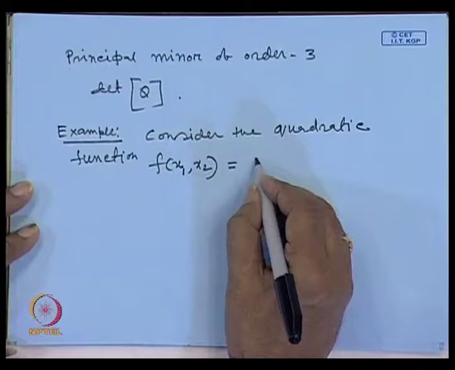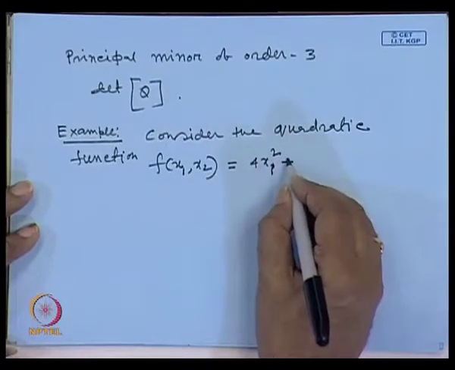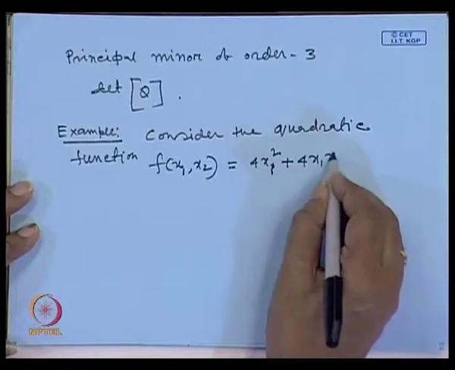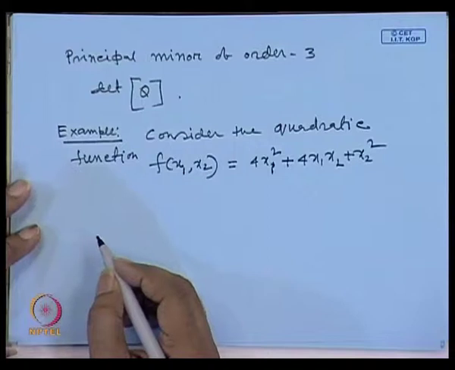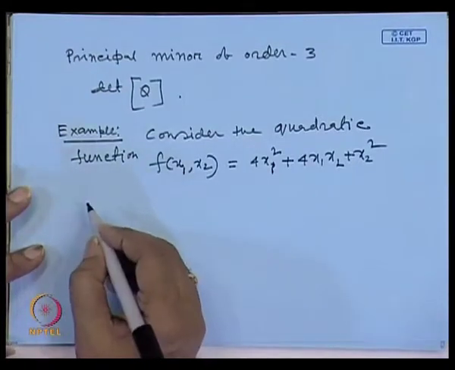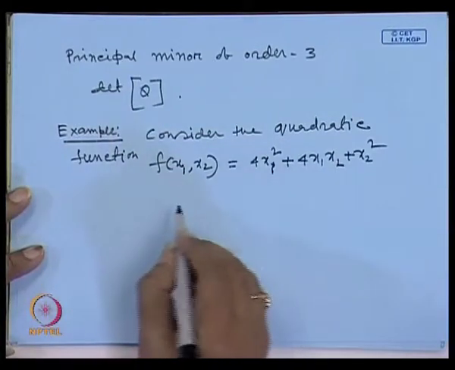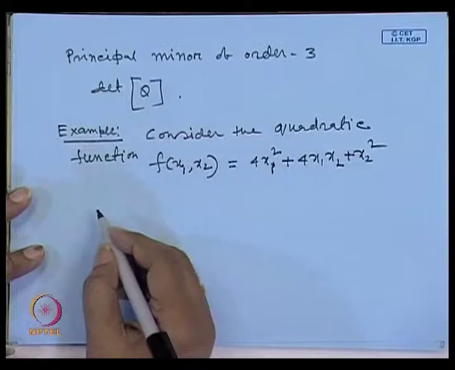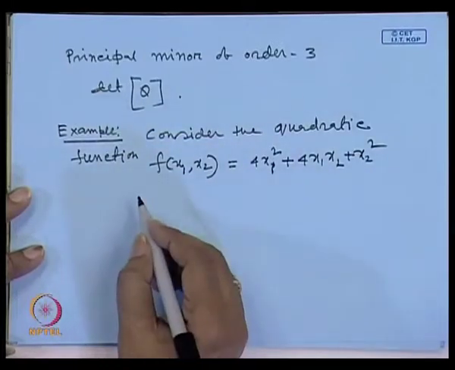So, this is 4 x 1 square plus 4 x 1 x 2 plus x 2 square. Agree? So, your problem is to check the definiteness of this function, or check whether this quadratic function is positive semi definite.